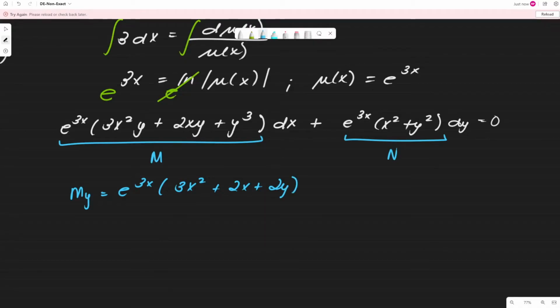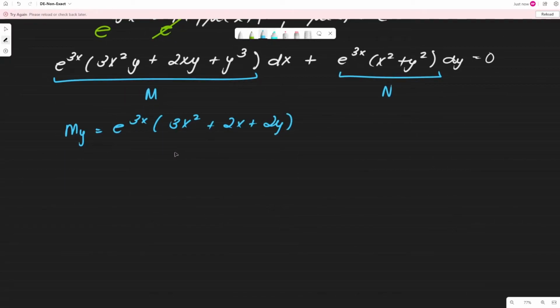Okay? Then, we'll have n sub x is equal to e raised to 3x. Again, ano tayo dito, ang tawag dito? Magpa-product rule tayo. I forgot the term.